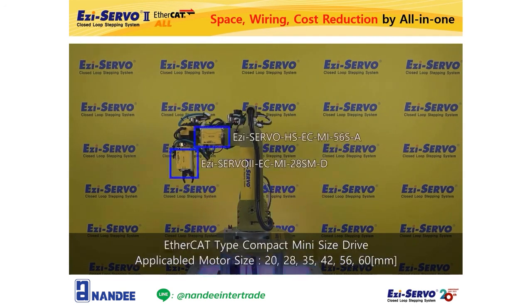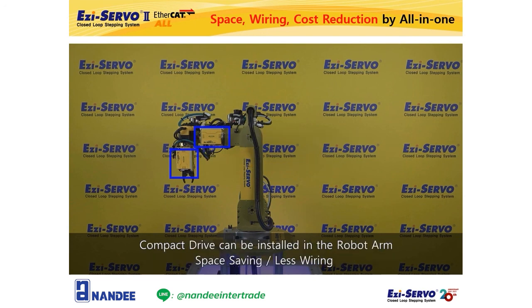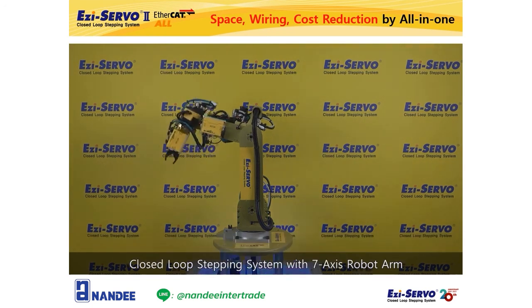In addition, Easy Servo 2 EtherCAT Mini is applied to 2 of the 7 axes, for the hollow axis and the gripper axis. Because the mini drive is small and lightweight, it can be installed directly on the robot body. In other words, because the distance between the motor and the drive is very close, the motor and the encoder wires are very short, too.